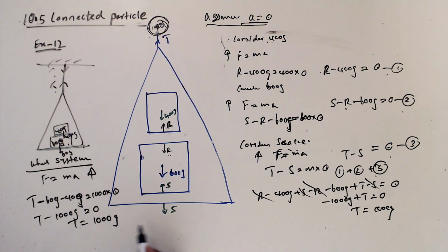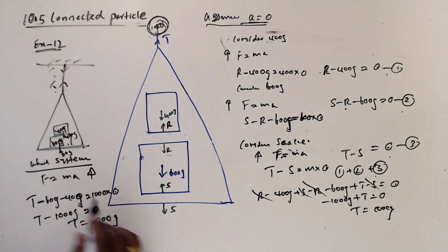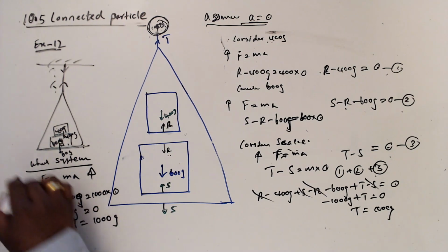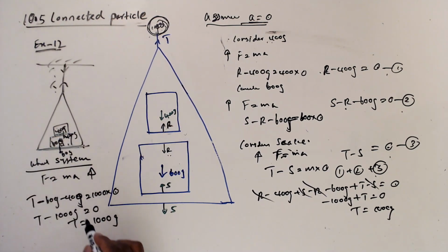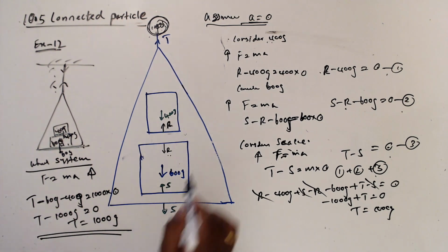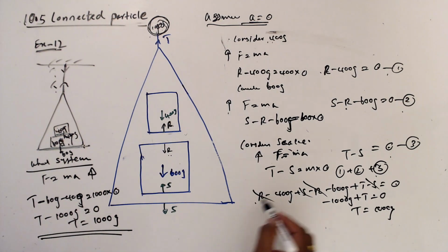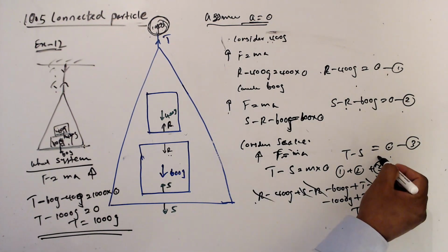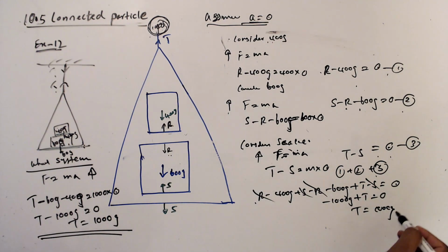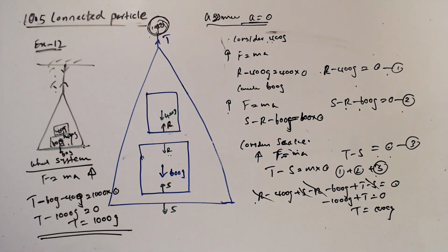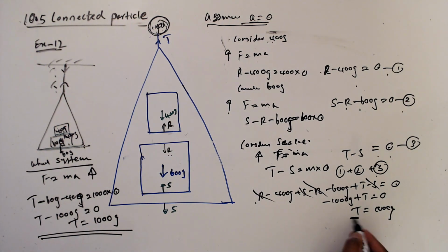So if we want to find only the tension straight away, you should consider the whole system and you can easily find the tension. Or you can write separately, and when you add each equation, everything will cancel out and you can find the tension.